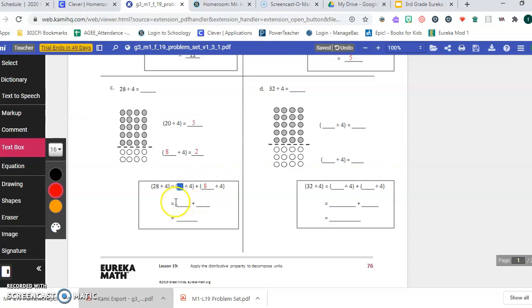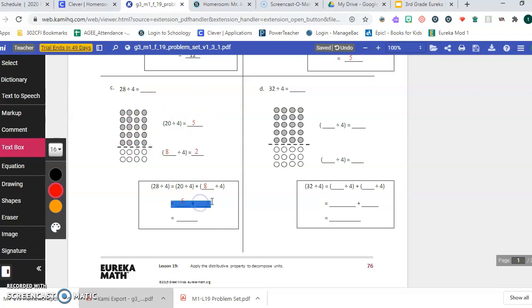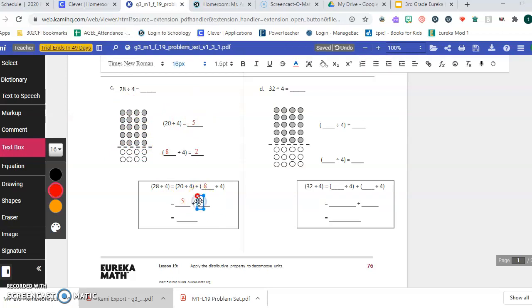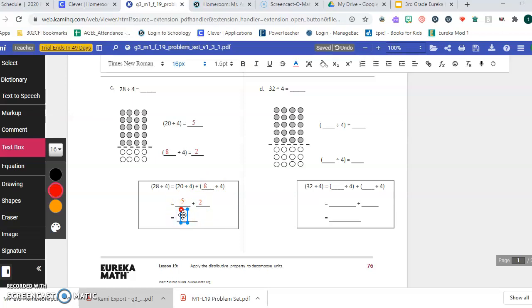And 20 divided by 4 is 5. We've got 5 groups of 4. And then down lower here, 8 total items divided into groups of 4 gives me 2 groups. So 5 and 2 gives me a total of 7. So 28 divided by 4 equals 7.